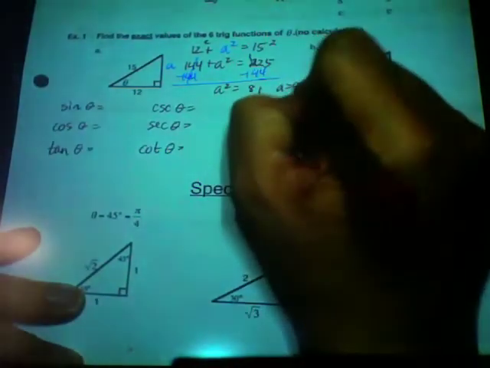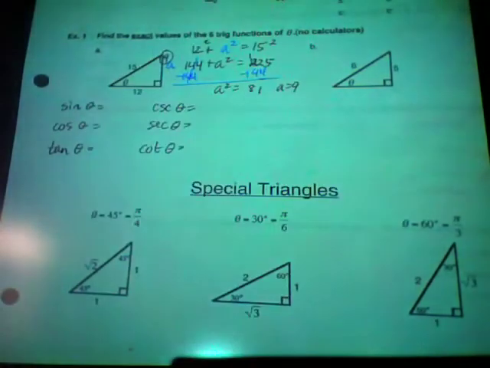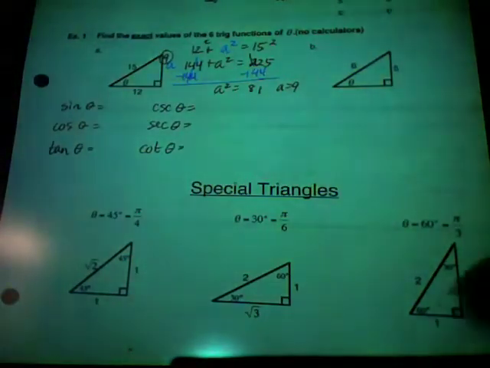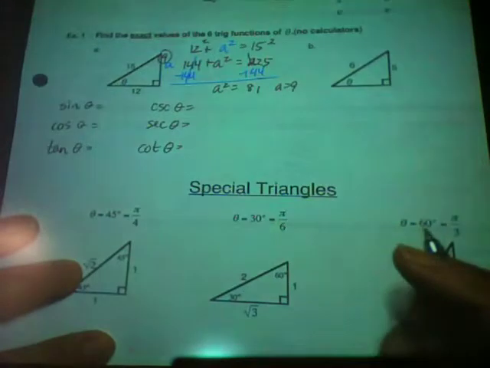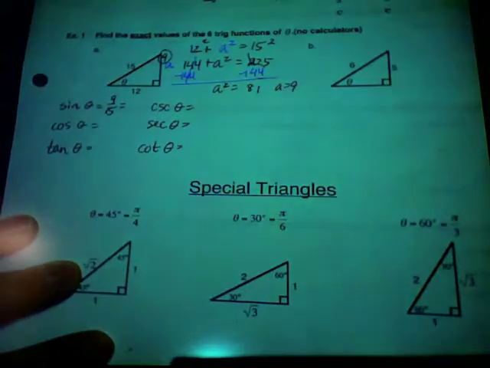So what's A? So A is equal to 9. So I'm going to put a 9 right here. So now what's your sine? 9 over 15, and can that be reduced? Yes, it can. So you need to reduce it, which is 3 over 5. You find the rest.